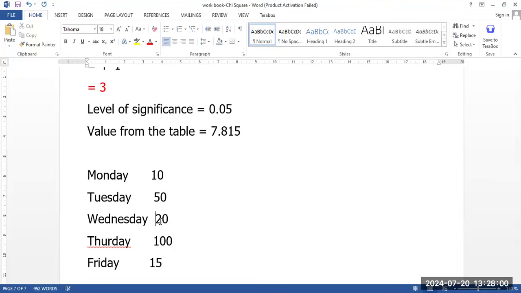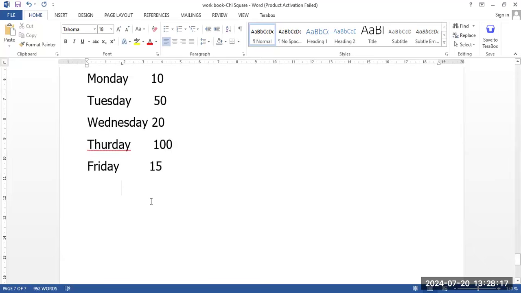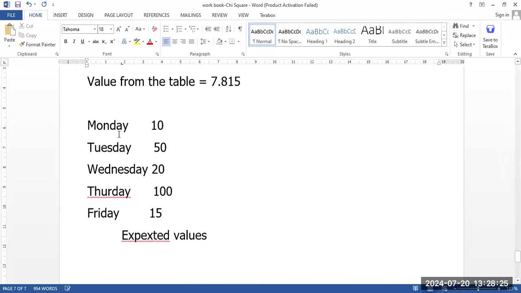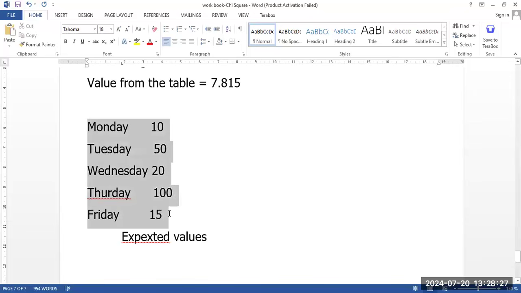If you realize that your data is in terms of days, then to get expected values, because they can give you just this information minus what?